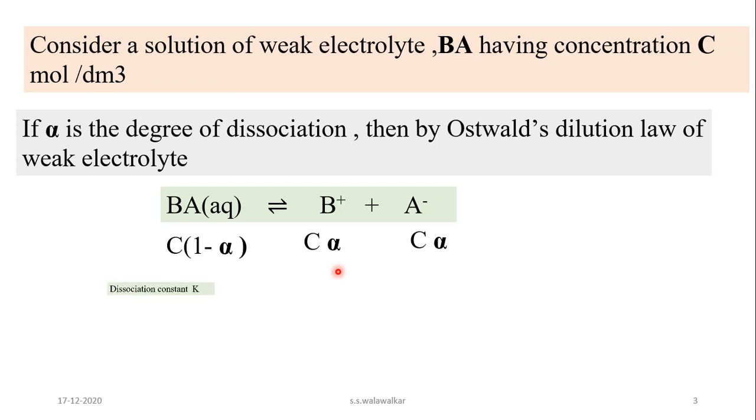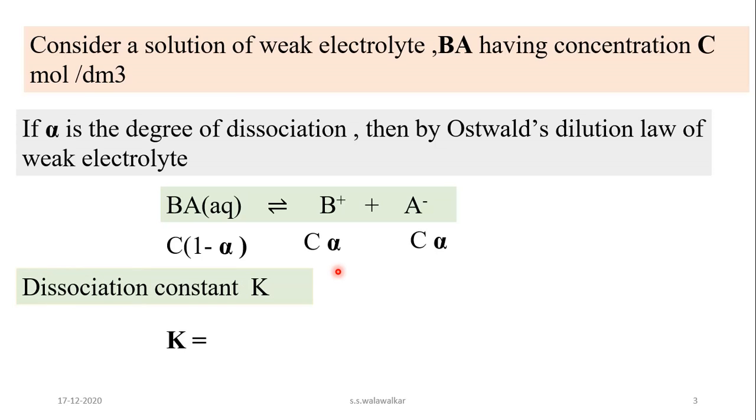So substituting these values, we get dissociation constant K is equal to alpha square into C divided by 1 minus alpha. This is the relation between dissociation constant of weak electrolyte and degree of dissociation. Now if this weak electrolyte is weak acid, then K is represented as Ka.